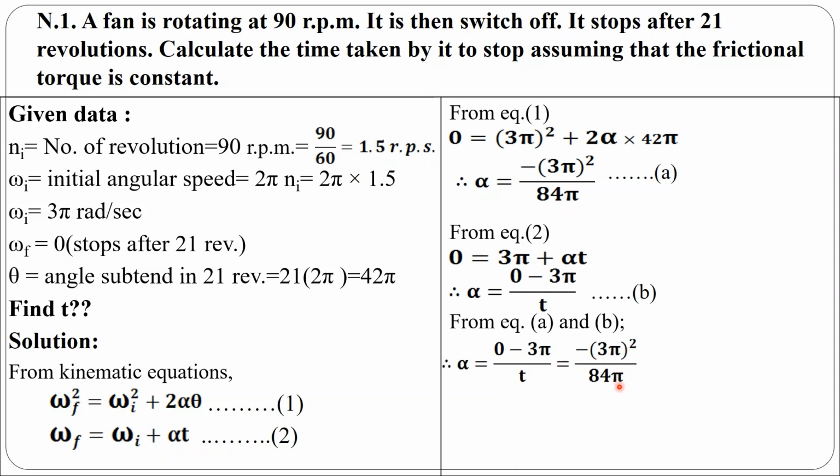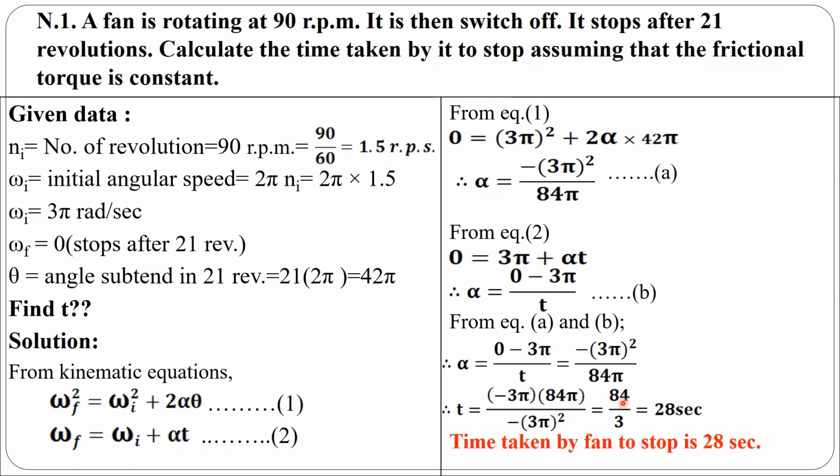Now rearrange for t. t is equal to minus 3 pi into 84 pi divided by minus (3 pi) squared. The 3 pi squared cancels. Only the remaining term is 84 divided by 3, and the answer is 28 seconds. So the time required to stop the fan is 28 seconds.